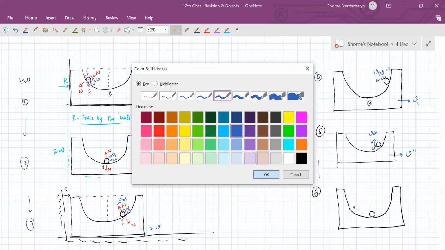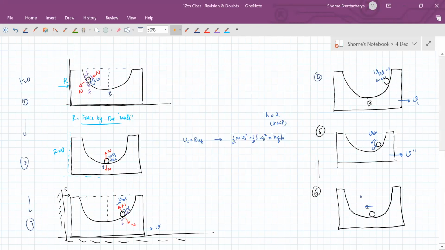At this point of time, it has some v relative like this and some omega like this, whereas the wedge has, say, v triple prime or whatever, something like this. And then it starts rolling up again.